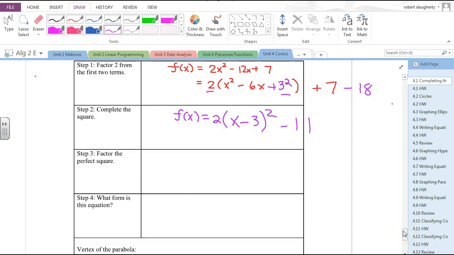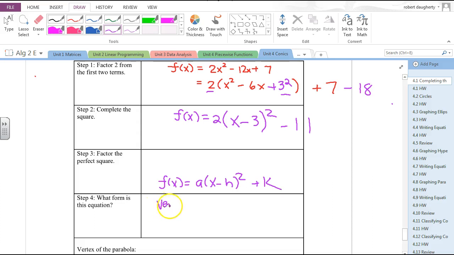Vertex form. Okay. So remember, in vertex form we had f of x equals a times (x minus h) squared plus k. Okay. The vertex of this parabola was what? (h, k).